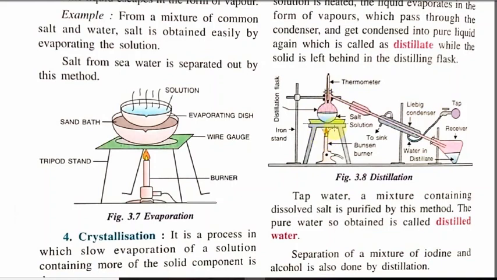When we heat the solution, the liquid is converted into vapor, and this vapor after cooling changes again to liquid state. Now what is the benefit? Only the liquid will evaporate, change into vapor, and this vapor also changes to liquid, but the solid will remain here. The solid will not go anywhere.